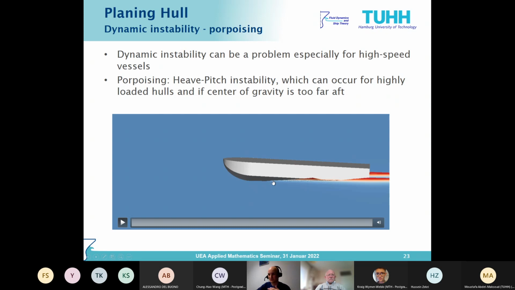Also you must recognize that the view is now fixed with the ship. That means in this video our calculations, or our cross planes, move. It does not necessarily mean that in a cross section the hull really exits, because it's also moving forward, and there's also a part of the velocity which is entering.